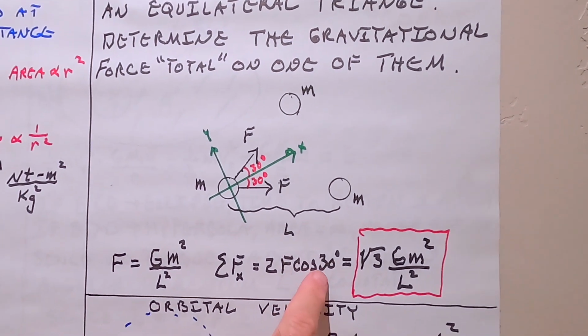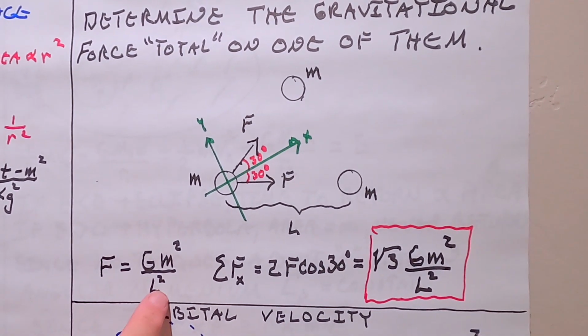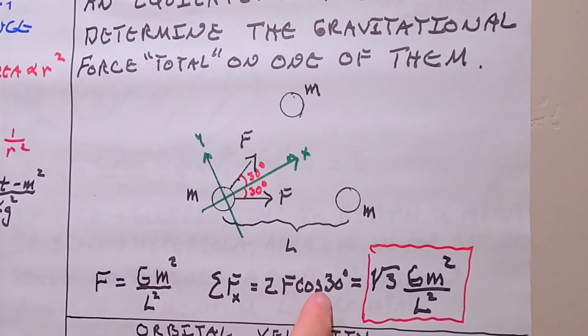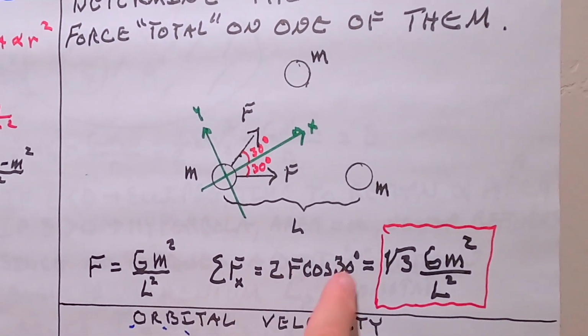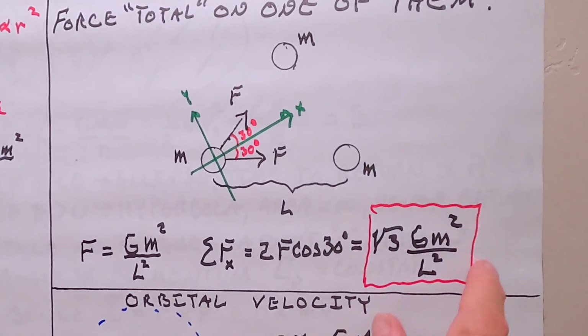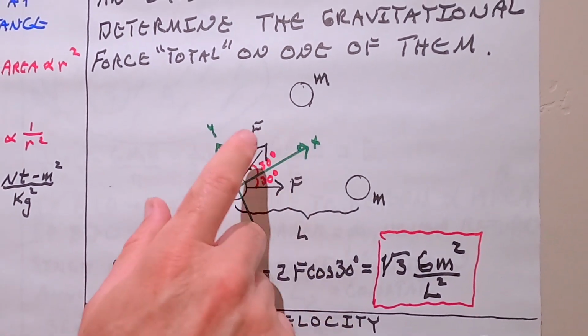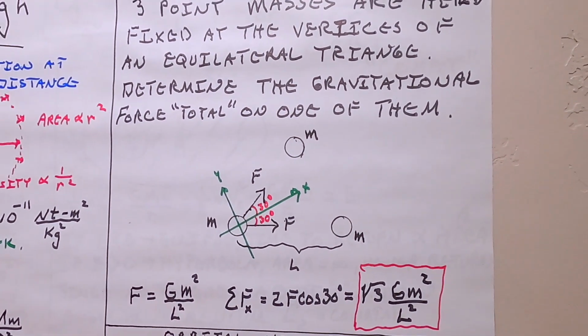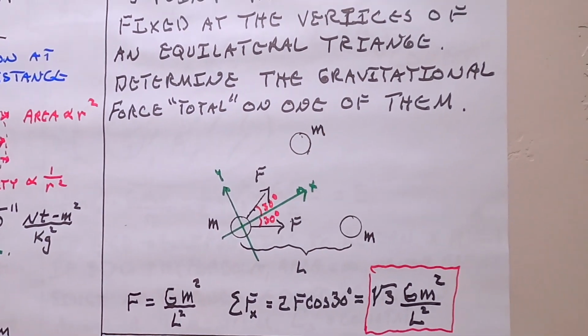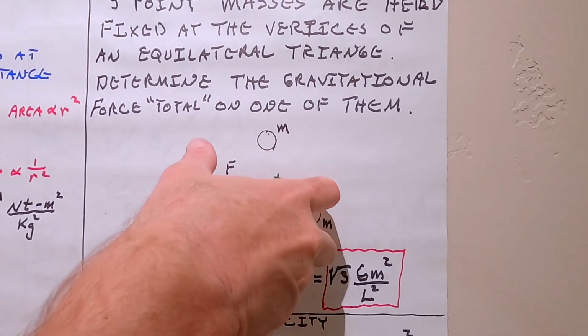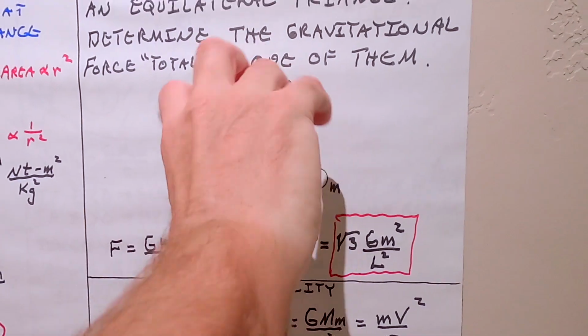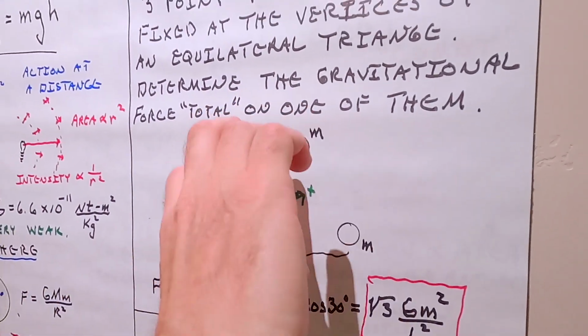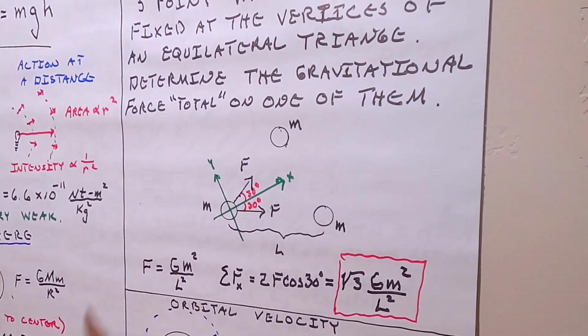We know what the cosine 30 is, we know what the F is. Cosine 30 is the square root of 3 over 2. The 2's drop out and you get the square root of 3 times that. So there is the total gravitational force due to these two right there. Now this wouldn't be stable, they'd all want to come together, but later I think you have a problem in the book where you have these things orbiting each other, and that's holding them out right there.